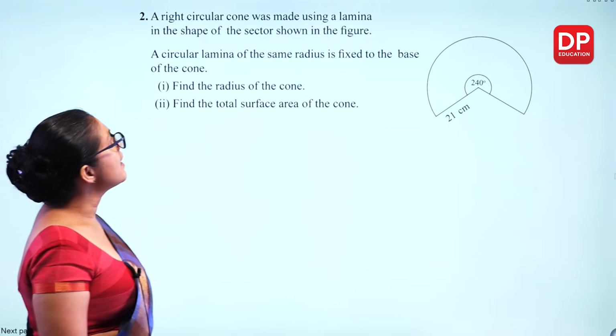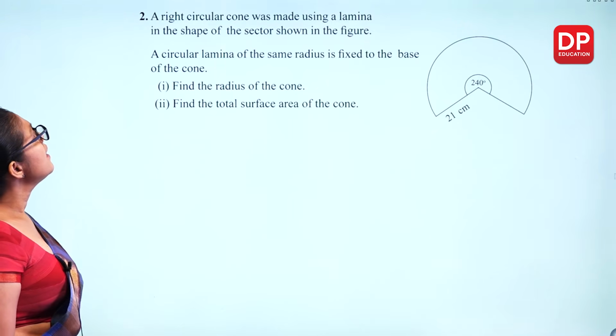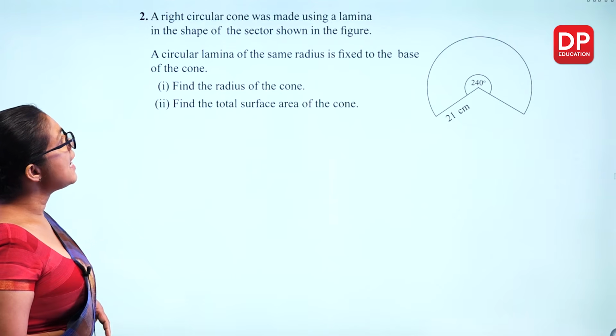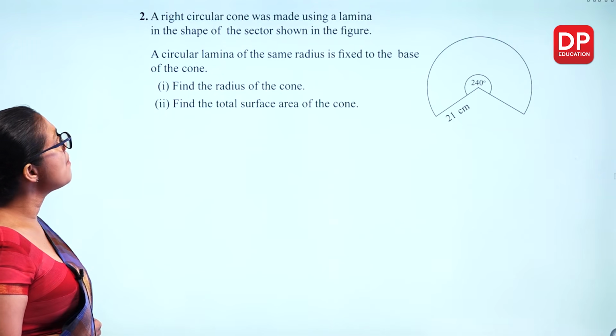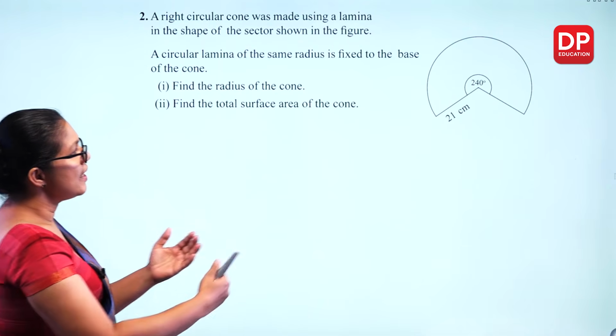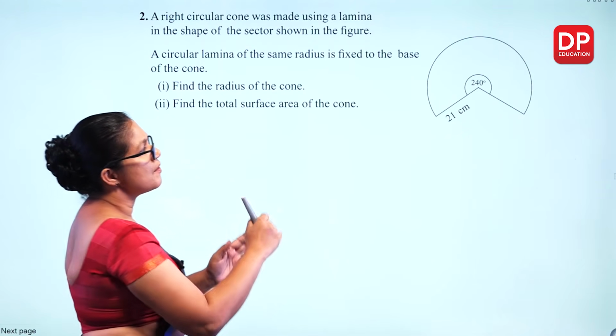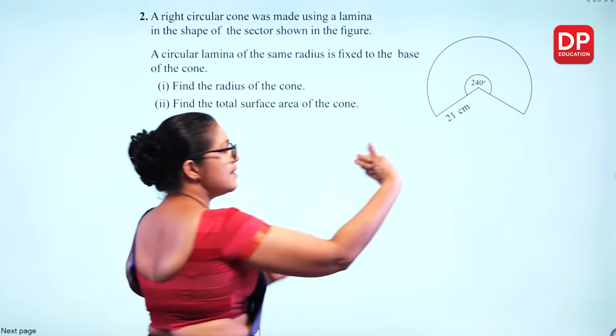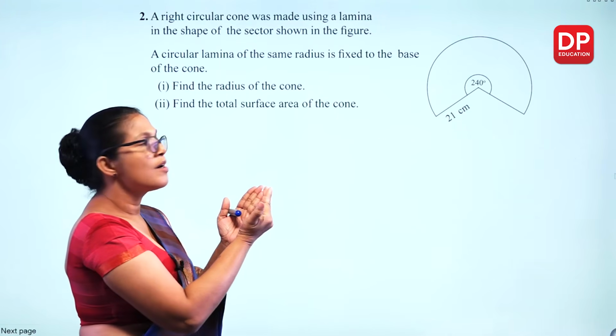Now we'll take the second question. So here it's about a cone. A right circular cone was made using a lamina in the shape of the sector shown in the figure. So here can you figure out the cone? When you connect this length with this length, you are getting a cone.